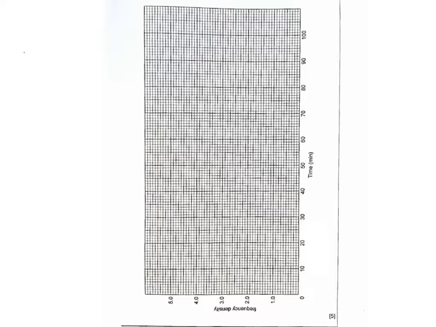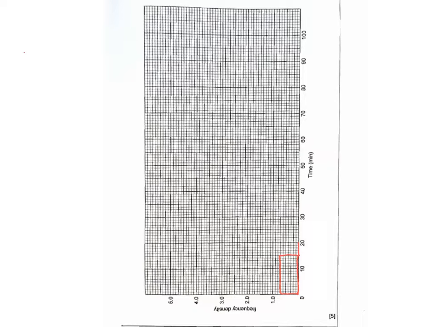15 is here, so you draw your bar 0 to 15, and the height should be 0.7. So this is 0.5, 0.6, 0.7 is somewhere here. Then you draw it like that. That is your first bar. And then you have 15 to 20, that is 4.8. 15 to 20 is only up to here.